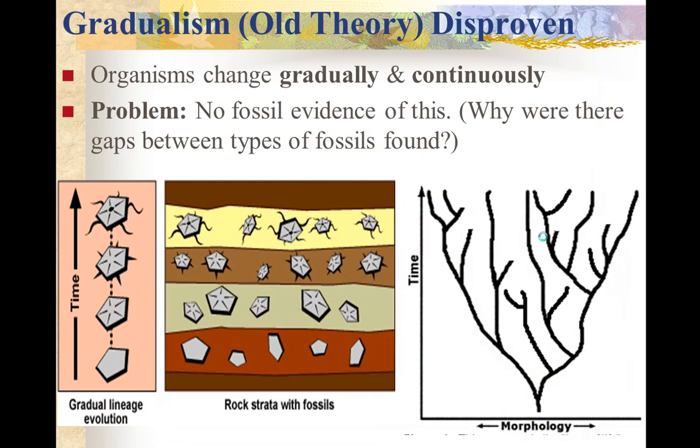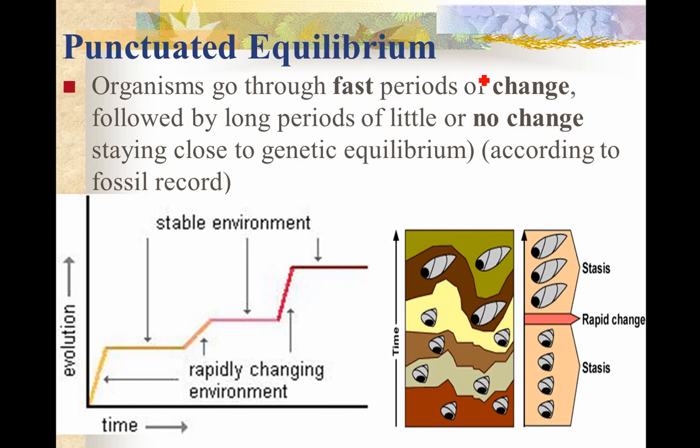So the old model, organisms change gradually and continuously, but the fossil record does not support that. The fossil record does support long periods where there's no change, and then faster or rapid changes. So if you look over here, stasis and then a rapid change, look at the before and after.